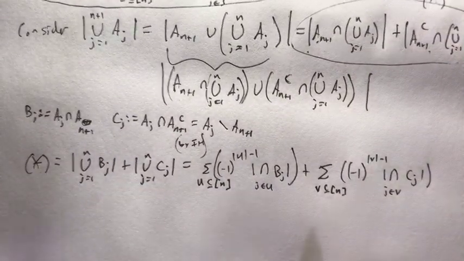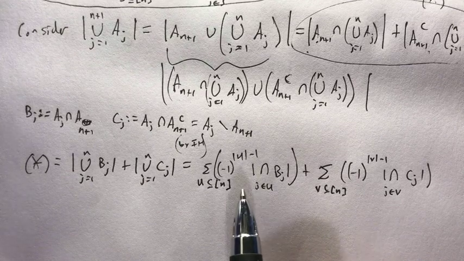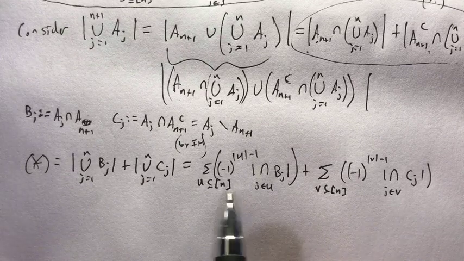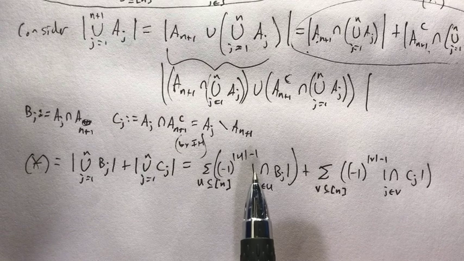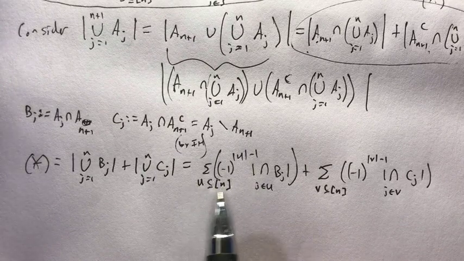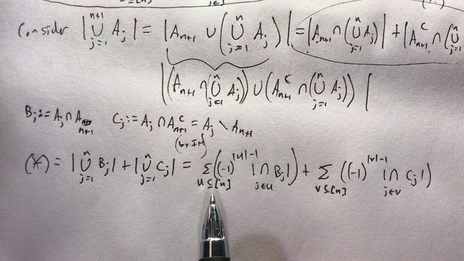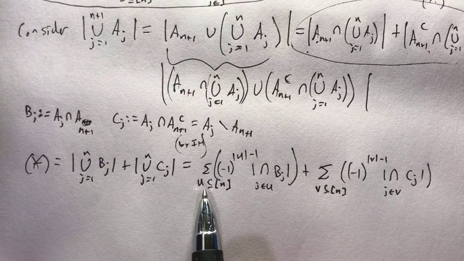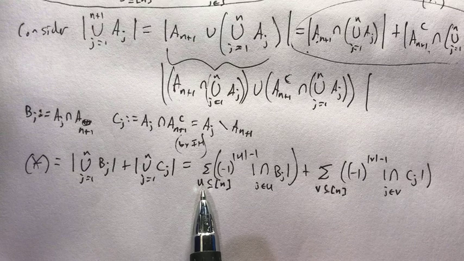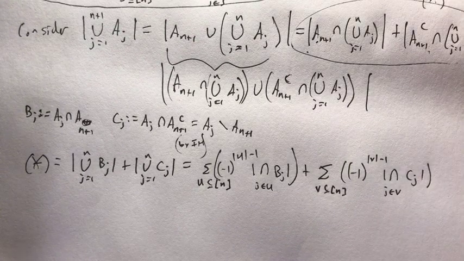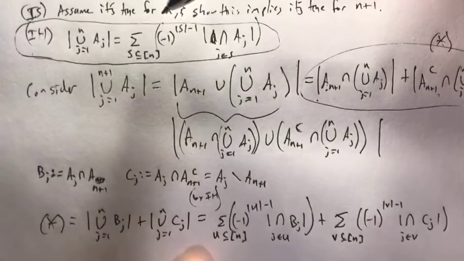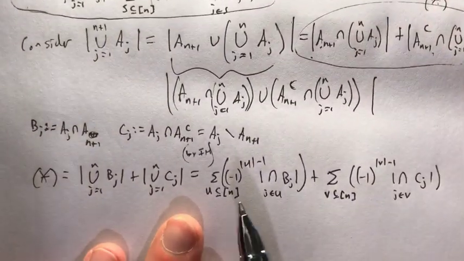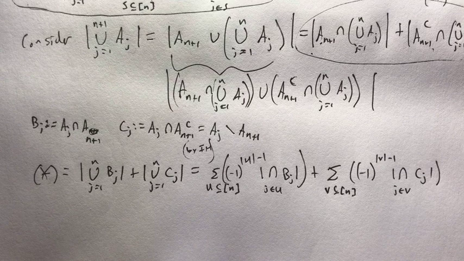We're almost finished. Notice that each subset U here is going to basically be the same as a subset S from our original set [n], but also include n plus 1.